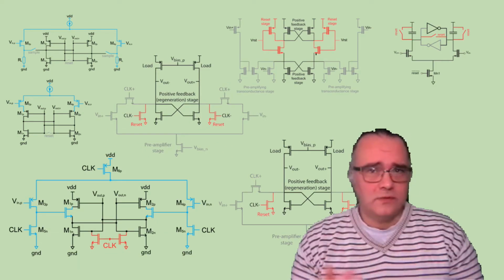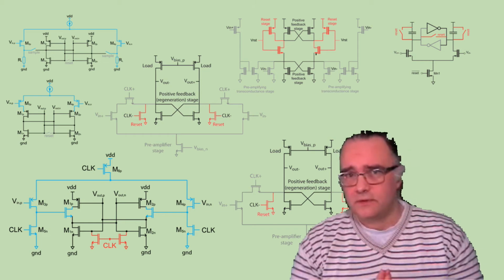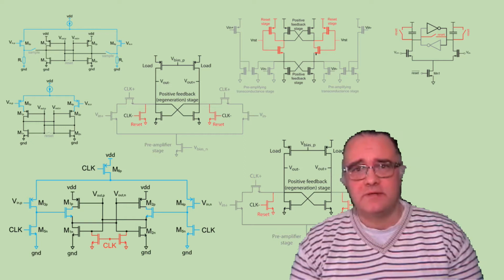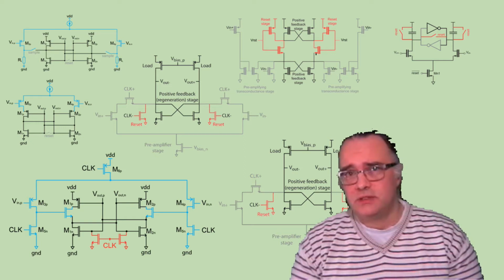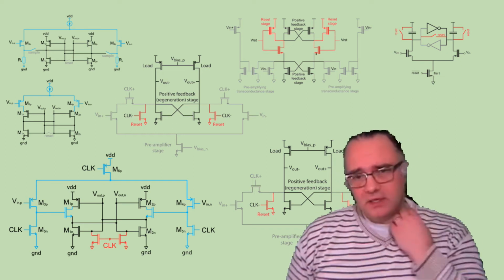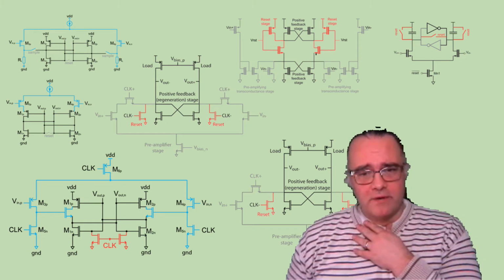You can use, for example, one of the inputs as the reference and the other for the signal, or you can connect directly the differential input and then assume that the reference is 0.